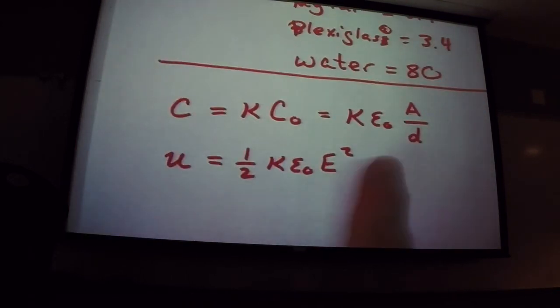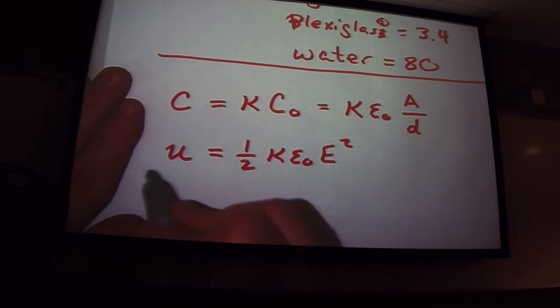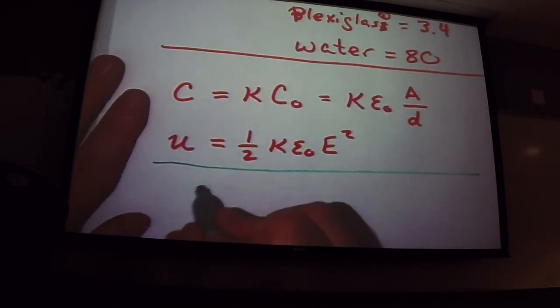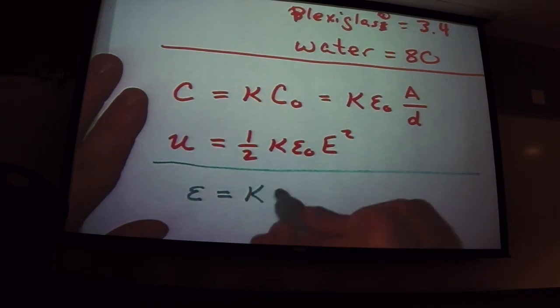Now there is a slight shortcut to this. Instead of saying kappa epsilon naught, you could call this epsilon, which is basically kappa multiplied by epsilon naught.